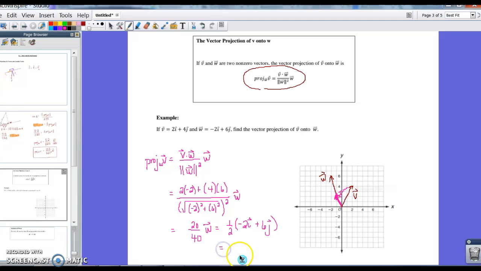If I simplify that, I end up with negative i plus 3j. And that's going to be the projection of V onto W. You can kind of see that, because here's negative 1 plus 3, and that's where my projection vector is. So that's the idea as to how to go about doing that.